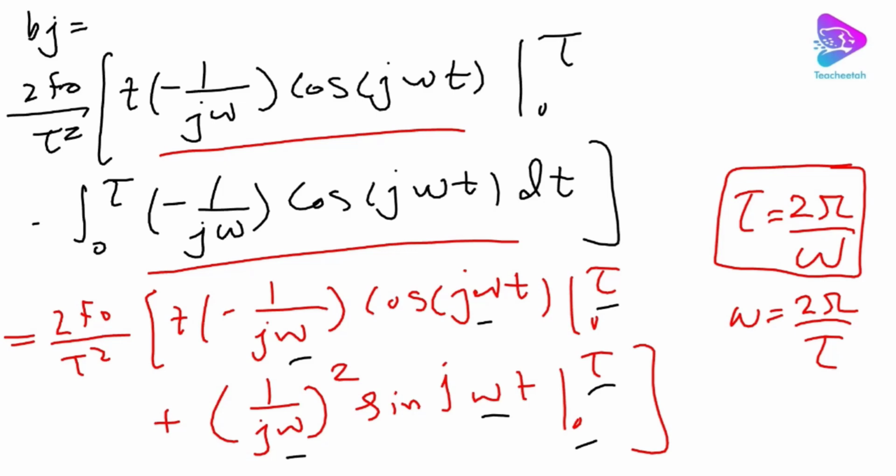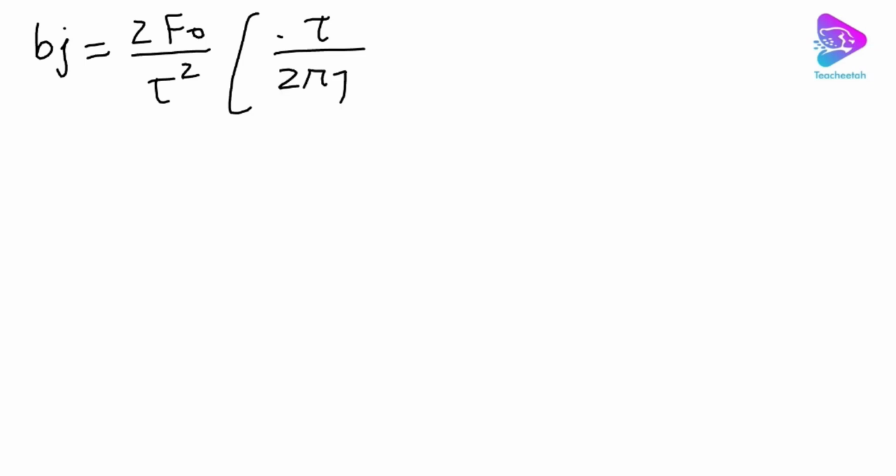We have to do this for the previous slide as well, so just keep it in mind. Okay, so now what is left is the substitution in the previous integral. So bj is basically 2 f naught tau naught times minus tau 2 pi j times tau minus 0, and the sine part basically is 0 because you have sine of a function over a period, which is 0.